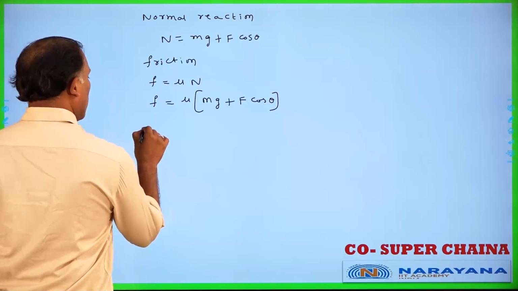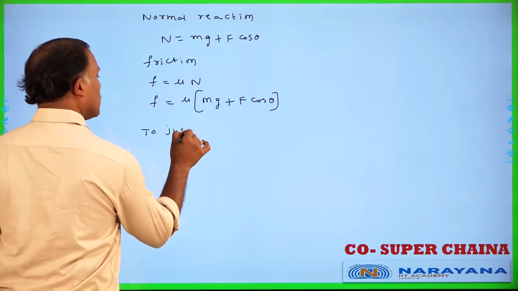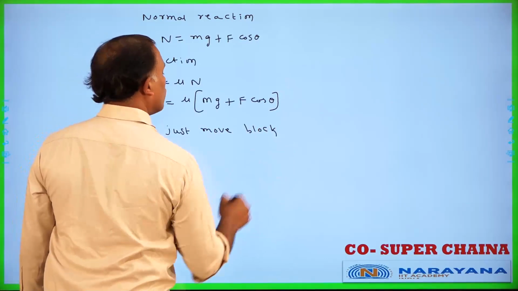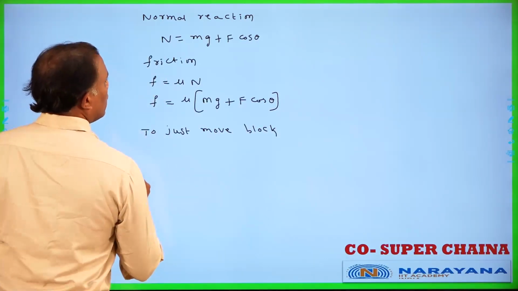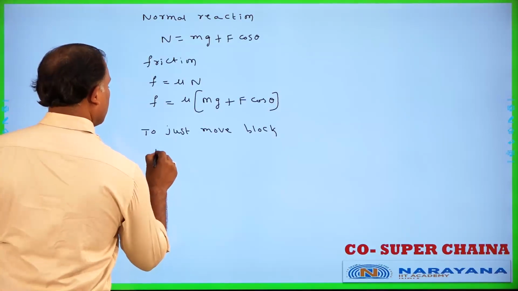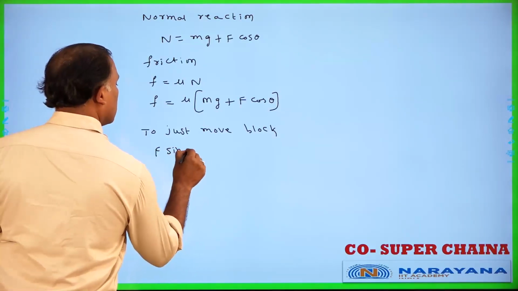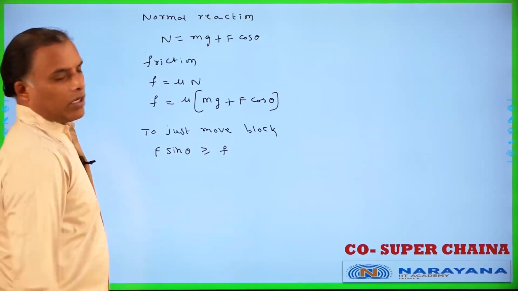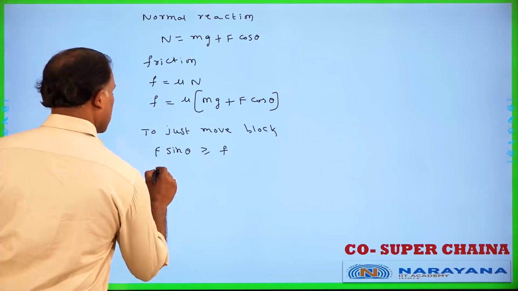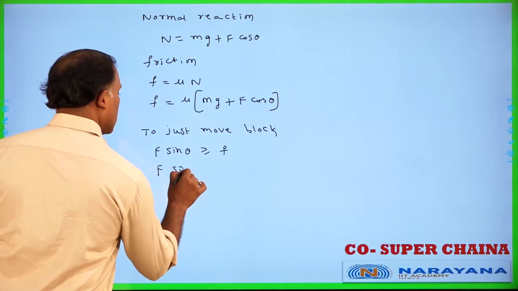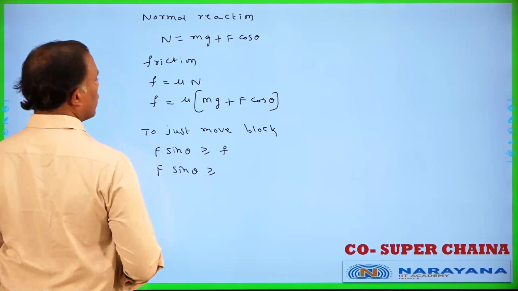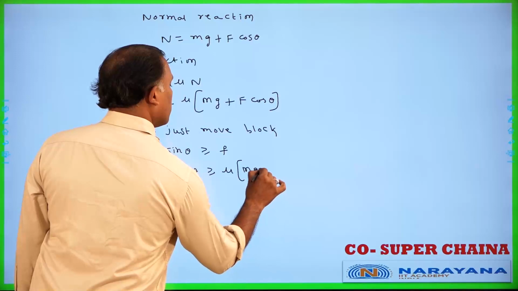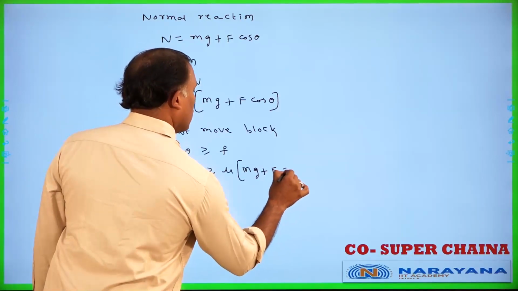Now, to just move the block, f sin theta must be greater than or equal to friction. So f sin theta is greater than or equal to mu into (mg plus f cos theta).